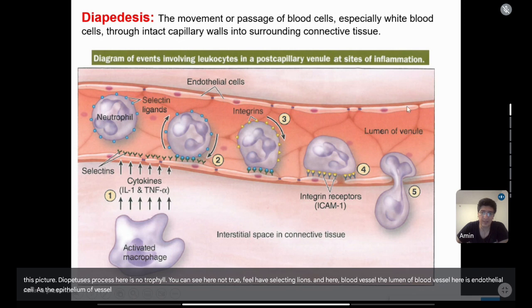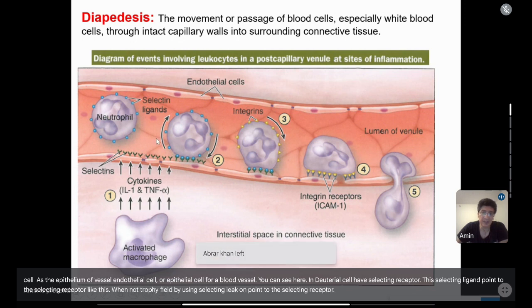You can see here endothelial cell has selectin receptor. This selectin ligand binds to the selectin receptor like this. When neutrophil, using selectin ligand, binds to the selectin receptor, here is rolling.